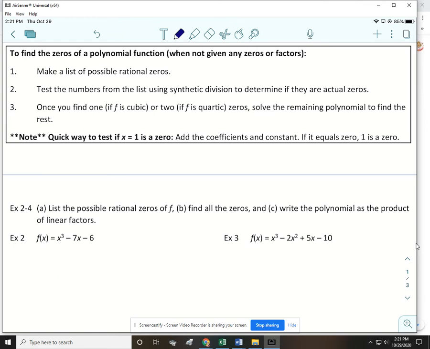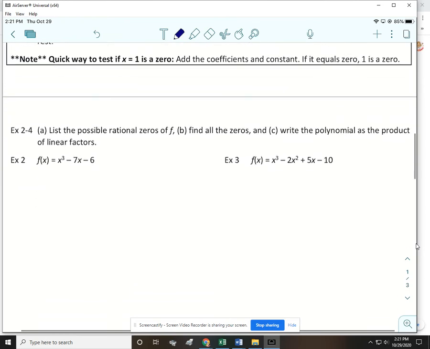And then step 3, once you find 1 or 2: if it's a cubic function, you only have to find 1 zero. If it's a quartic, you're going to need to find 2 using this testing. And then you can solve the remaining polynomial function, or what's left, to find the rest of the zeros.